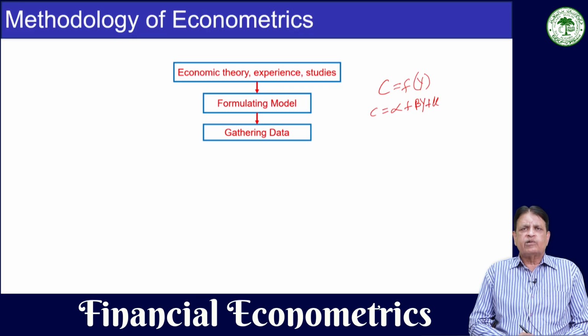And in the case of cross-section data, we try to find out the values of the variable at a point of time. That is not over a period of time, but at a point of time. So that is what we call cross-section data. Then pooled data is where we pool the time series data and cross-section data, and that is what we call pooled data.